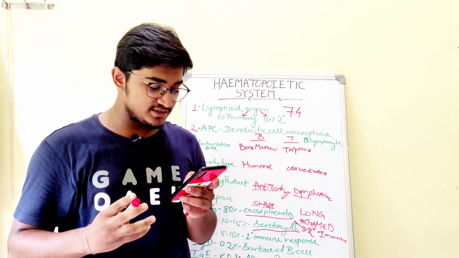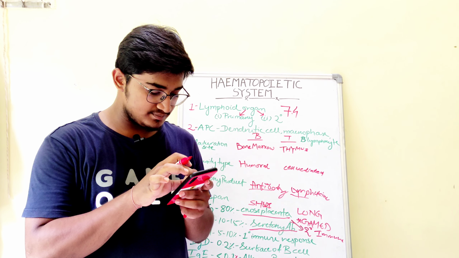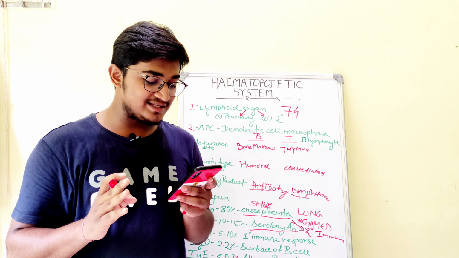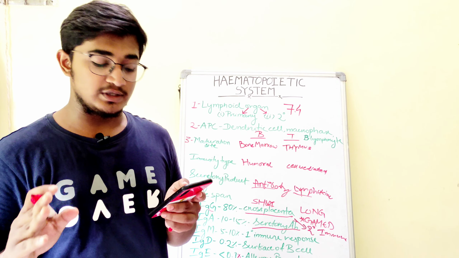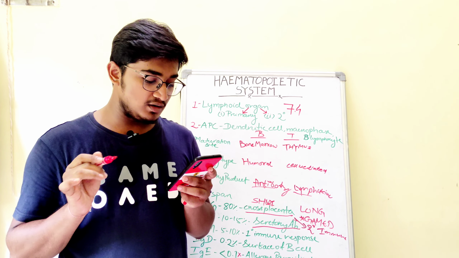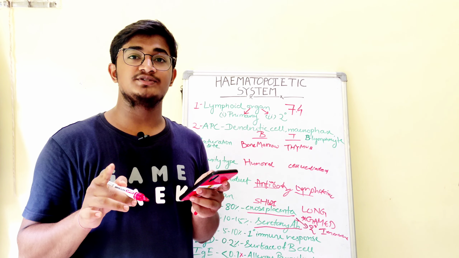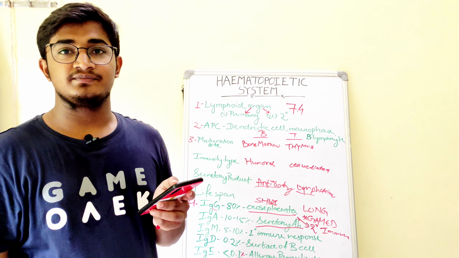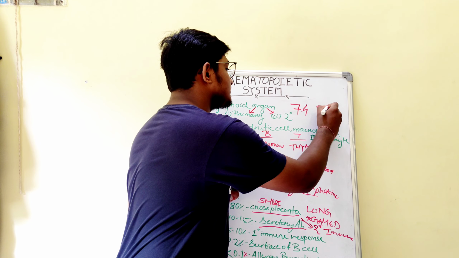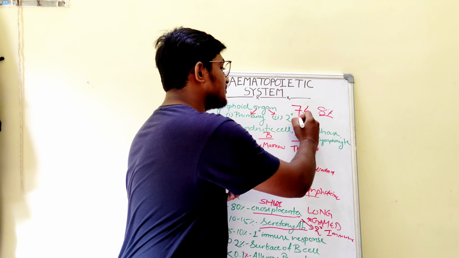The next question: the blood volume of an animal is generally what portion of its body weight? Option A 8%, option B 4%, option C 12%, option D 6%. The answer is option A, 8% of its body weight.